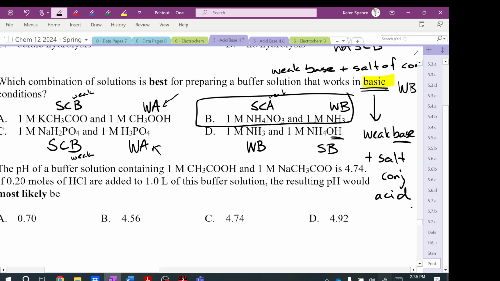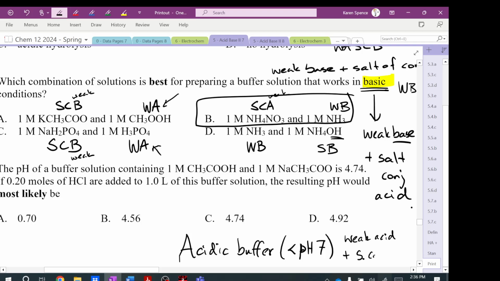If you want an acidic buffer, to buffer below pH 7, you want a weak acid plus the salt of the conjugate base.